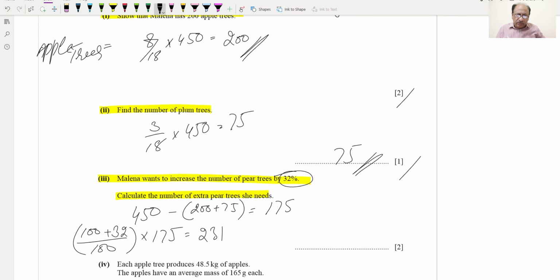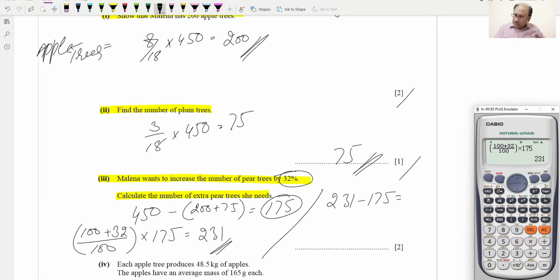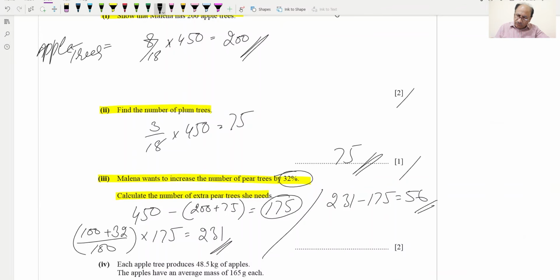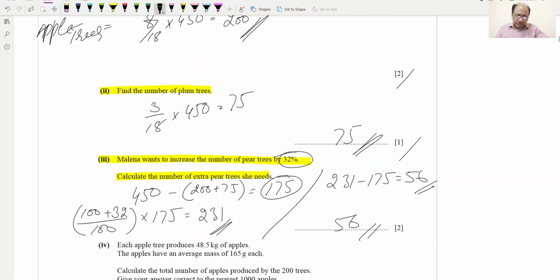So out of 231, 175 are already there, so we'll subtract 231 minus 175. These are the additional trees that need to be planted. Again we are making typing mistakes, so 231 minus 175 is equal to 56. So 56 will be the number of extra trees required.